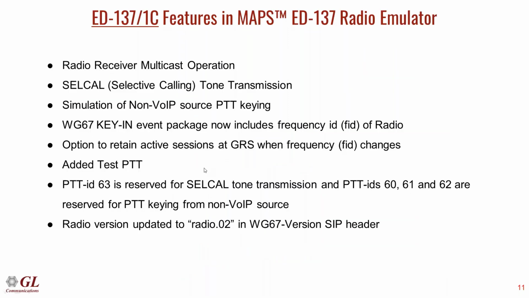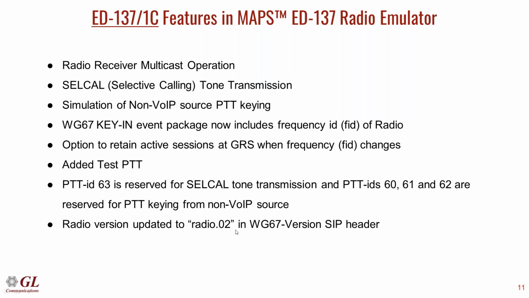In the next slide, we'll highlight the recent ED137 1C features that have been introduced in the specifications. These include radio receiver multicast operations and SelCal tone transmission. They have also introduced one more PTT type, the test PTT, and the radio version has been upgraded.